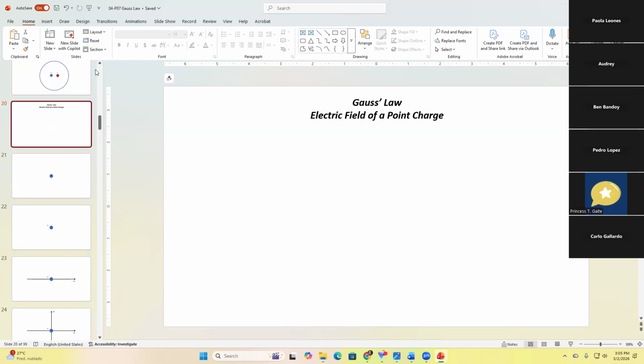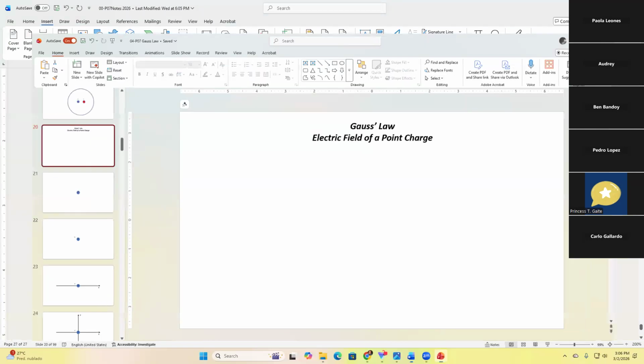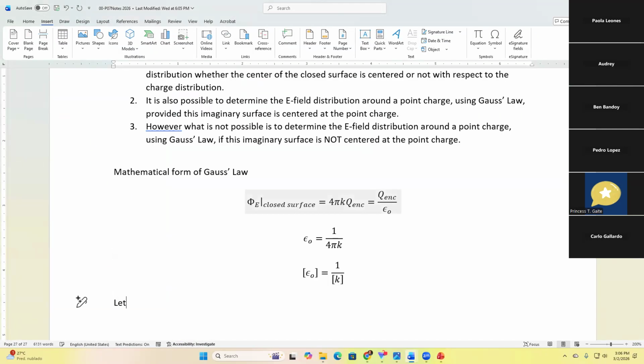Okay, so let's take a look at Gauss's law applied to the electric field of a point charge. You already know what the electric field of a point charge is, right? So, example: let us now use Gauss's law to find the E field distribution around some charge distributions.